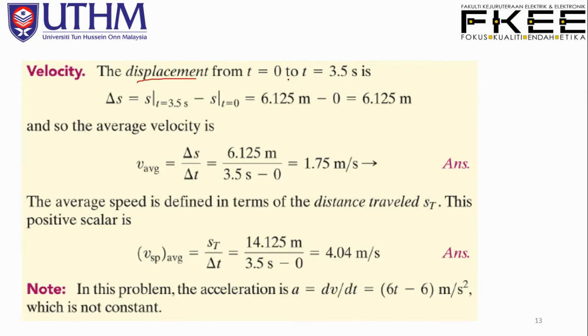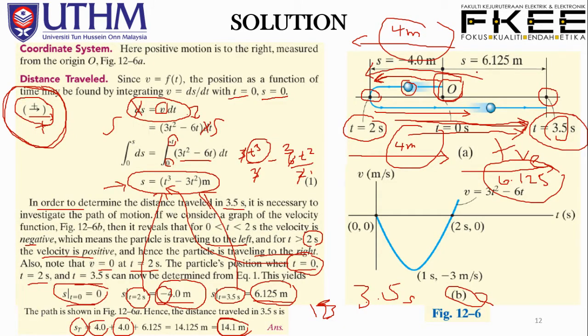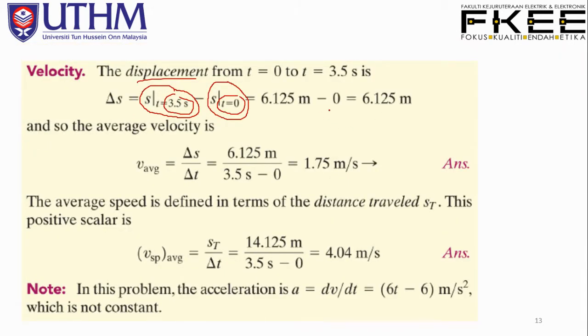From time equal to 0 and time equal to 3.5 seconds, it is actually the difference between the position of the particle after 3.5 seconds minus the position of the particle in the beginning, at t equal to 0 seconds. So we have 6.125 over here compared to t equal to 0, minus 0.